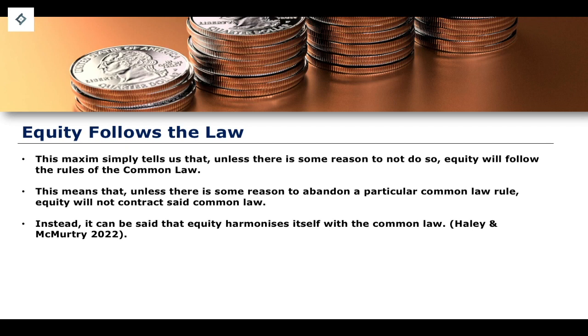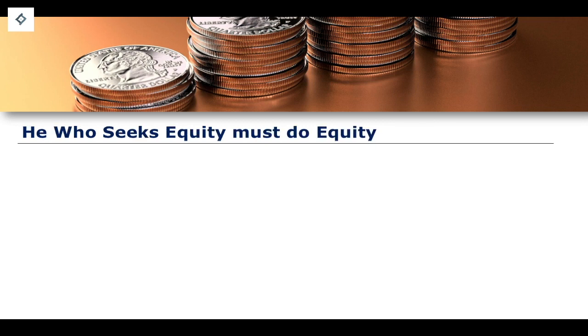And so today, one of the maxims of equity tells us that instead of trying to act as a force against the common law, equity should harmonize itself with the common law, such that rather than trying to step in and contradict the common law, equity acts in a way which essentially smooths some of the rough edges of the common law jurisdiction.